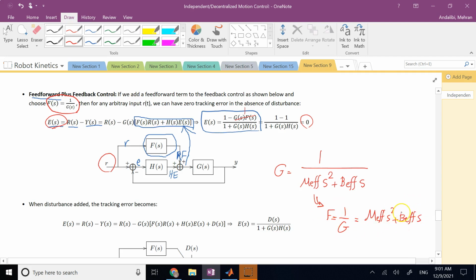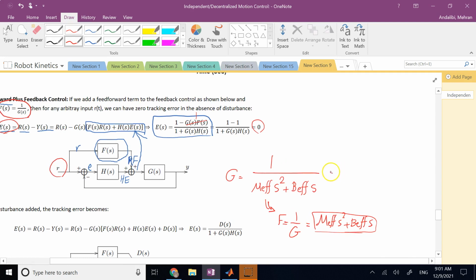So it's not going to be a second order system. It's actually not going to be a physical system. It's going to be a first derivative and a second derivative combined, and there is no physical system for which the dynamic is shown by such behavior. In a physical system in general, if your G is a numerator over a denominator, the order of the numerator polynomial is always less than the denominator.